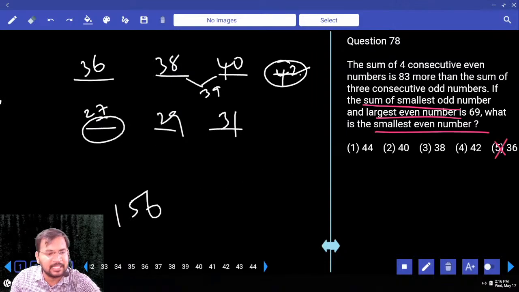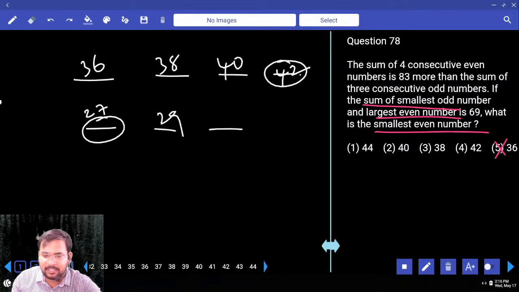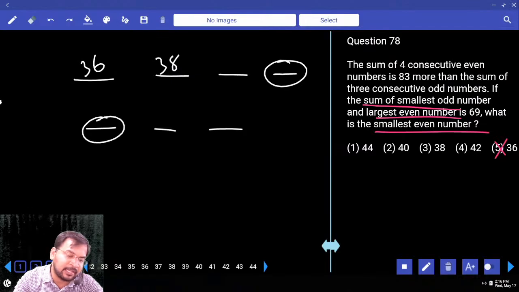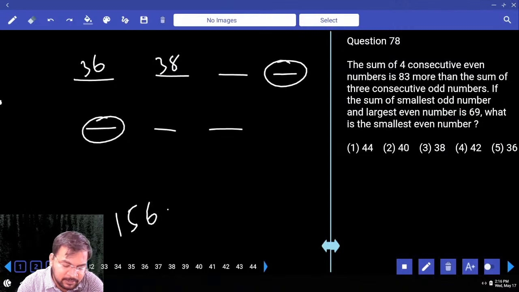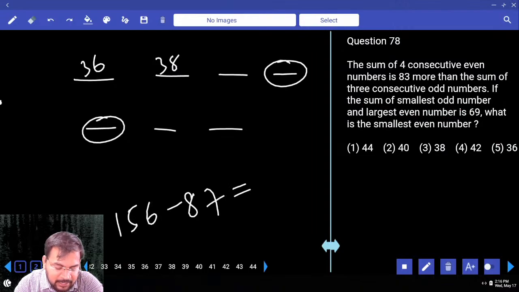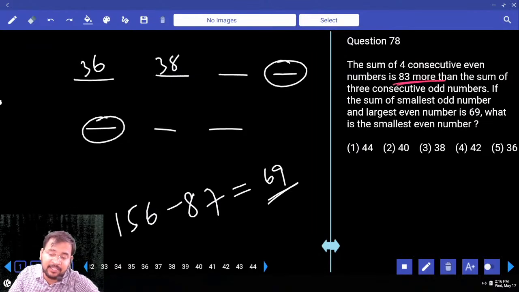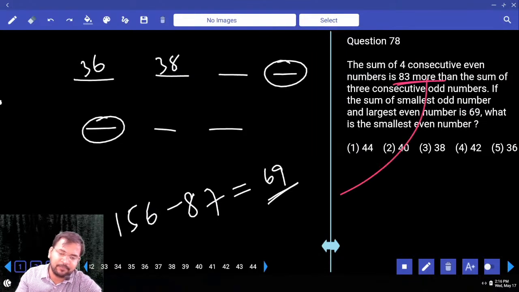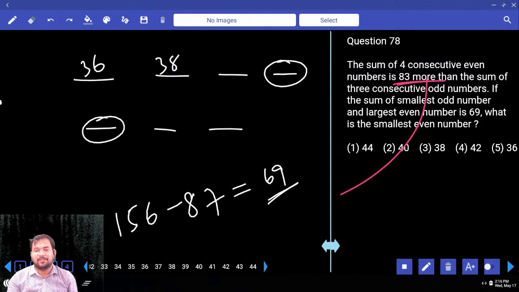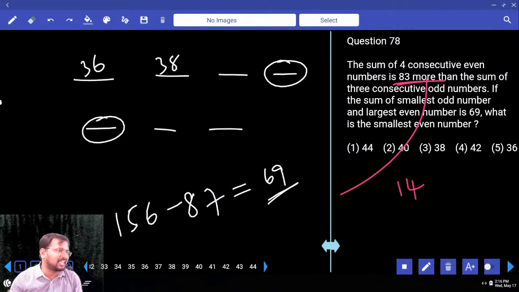Your answer is not 36. The next smallest number is 38. What did we get earlier? 156 minus 87, what difference did we get? 69. But what do we need? 83. So how much difference is there? 14. No need to go for the next option.